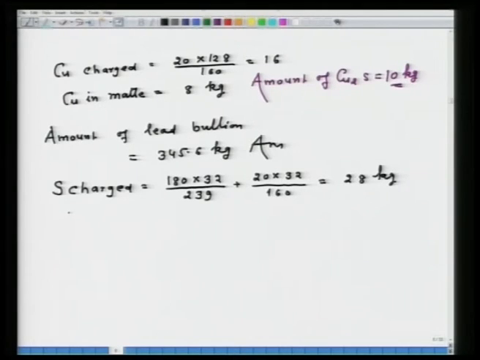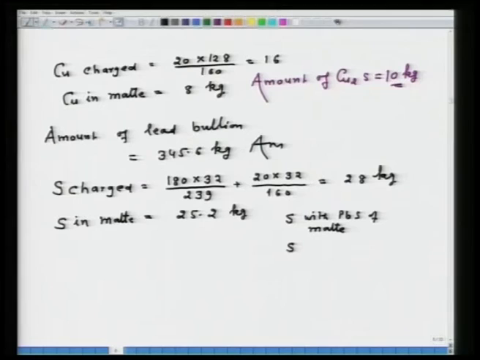Now, so sulfur in MET, that is equal to 25.2 kg. So, now we have to find out sulfur with PbS of MET and sulfur with Cu2S of MET.